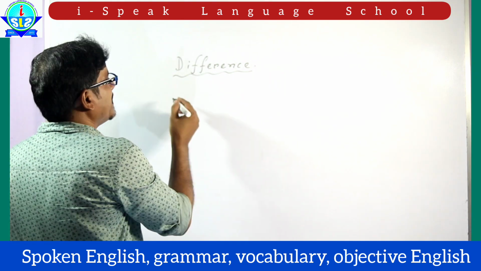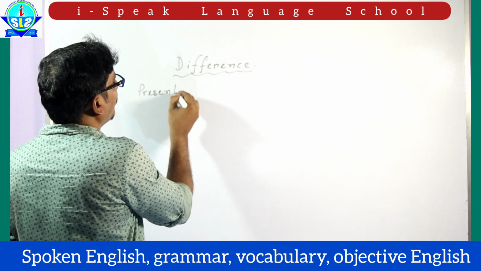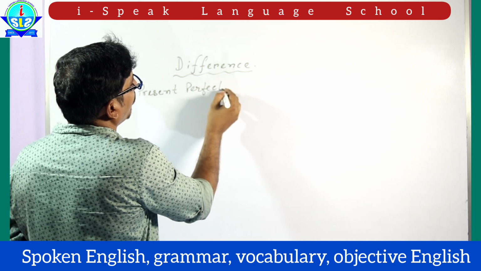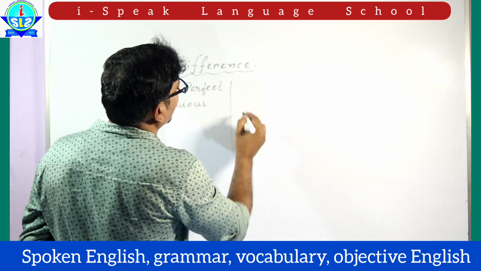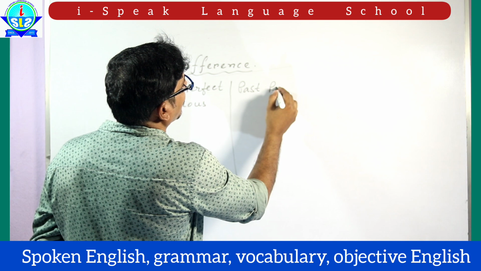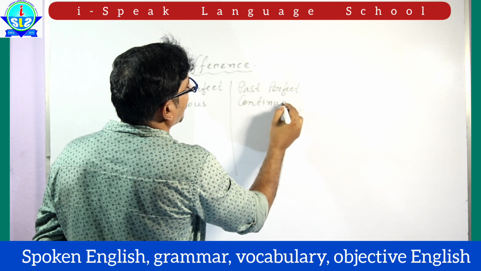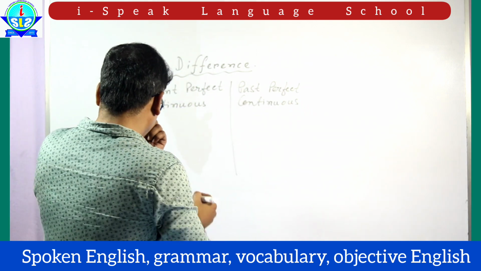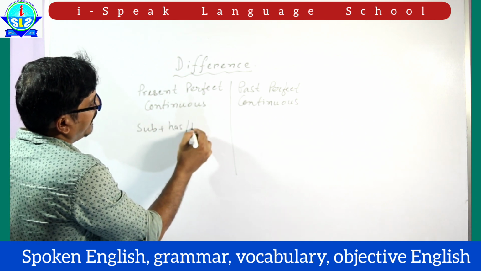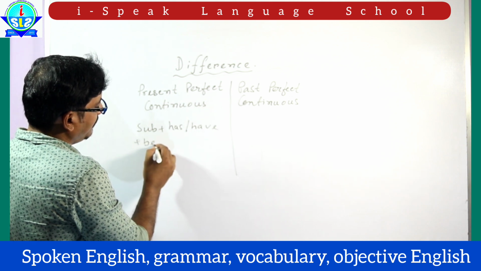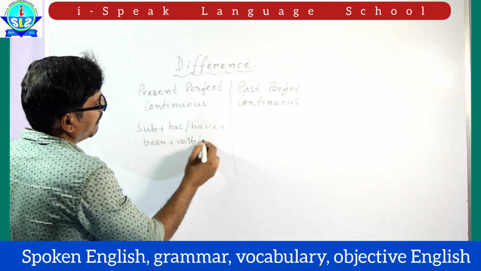So the difference between present perfect continuous and past perfect continuous. Let us see. In present perfect continuous, there will be subject, then has or have, then been, then verb ing form.